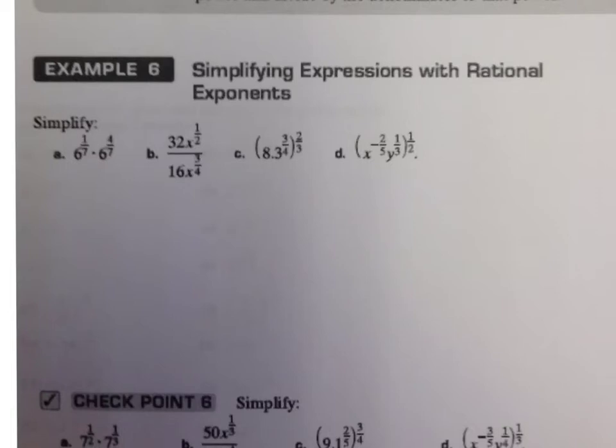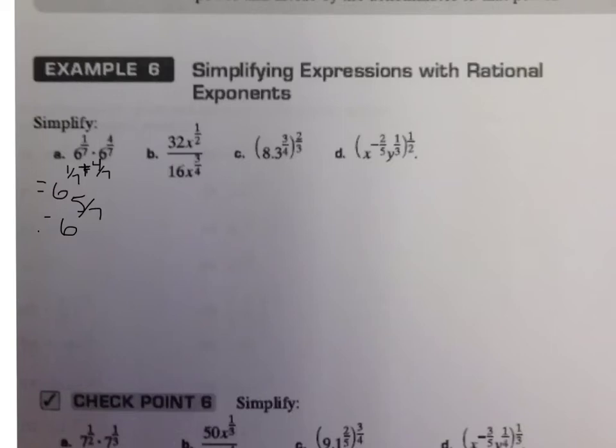So we're going to have 6 to the 1/7 plus 4/7. That's going to give us 6 to the 5/7. And we're going to leave it just like that.